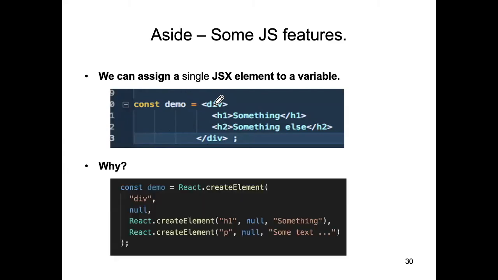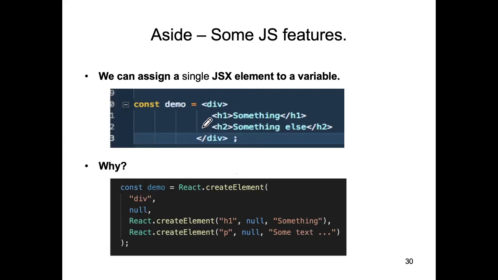And what it transpiles to is this. So really all we're doing here is we're invoking this method of the React object, and whatever that method returns, that's what we're assigning to the variable. We never looked at what it returns. We don't really care. It's probably going to be an object of some type. And we're just assigning an object to a variable. But for now, this is a valid assignment statement.